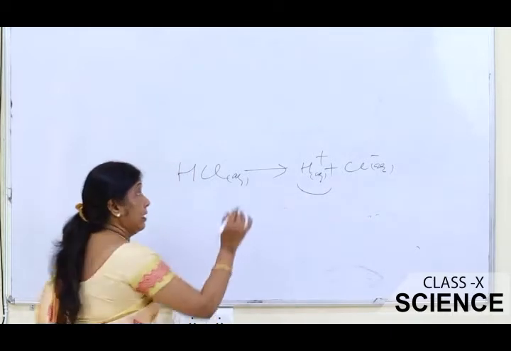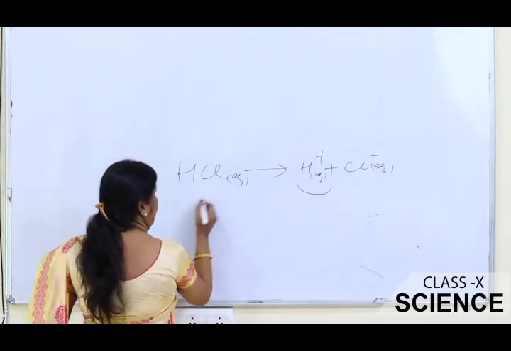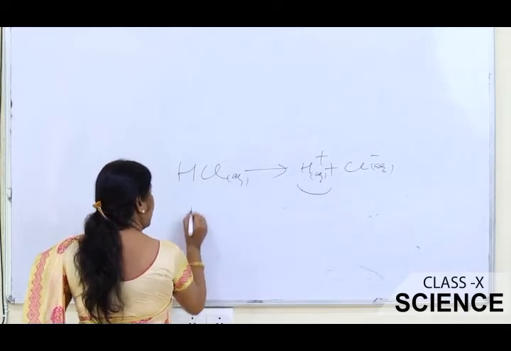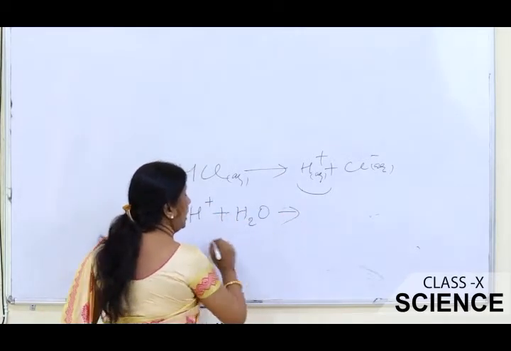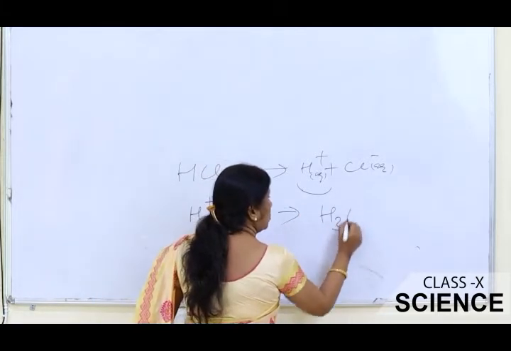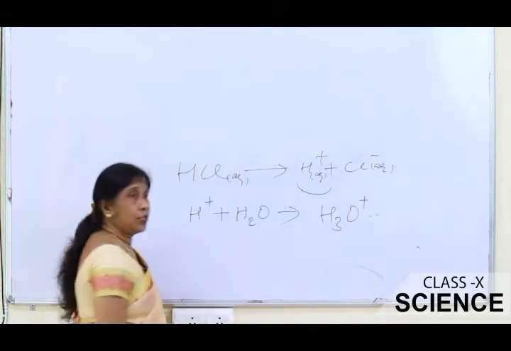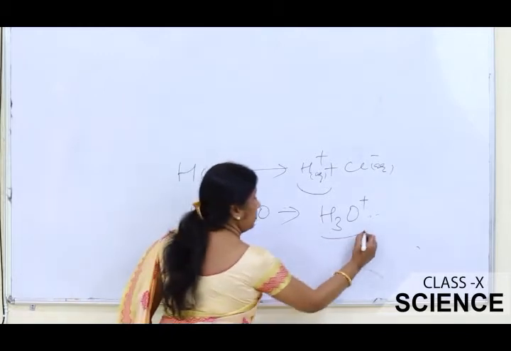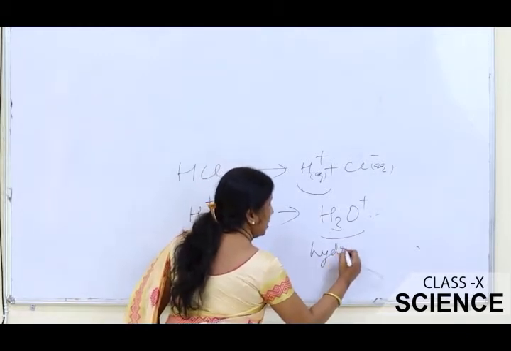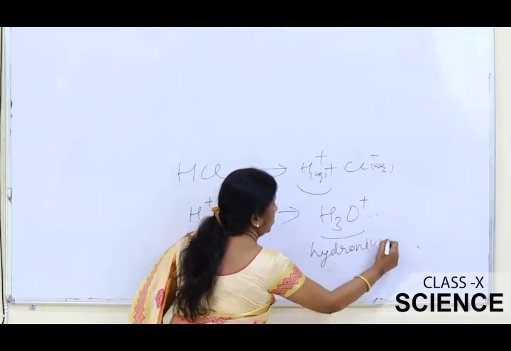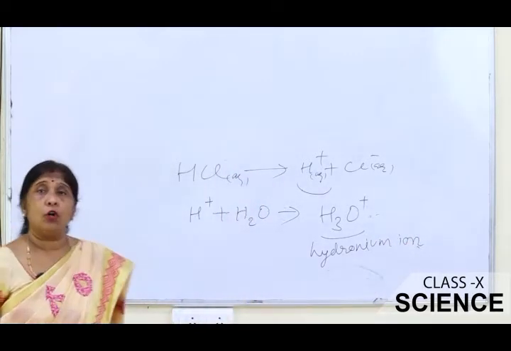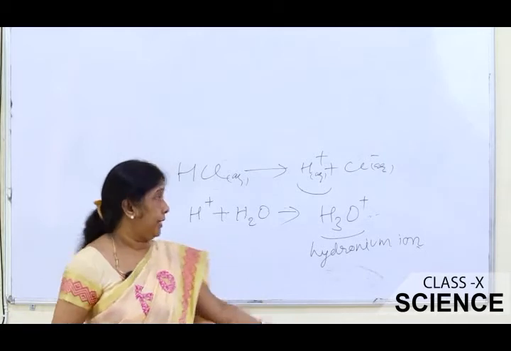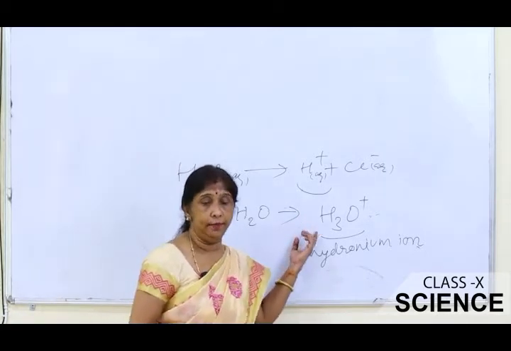Rather, it exists in combination with the water, so it becomes H3O plus. This H3O plus is also called the hydronium ion. So we can say that acid on dissociation with water produces hydronium ion.